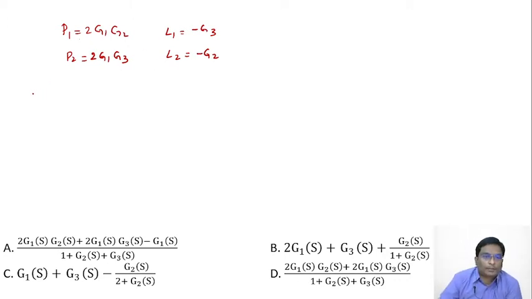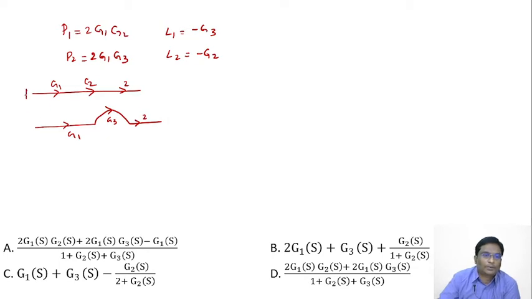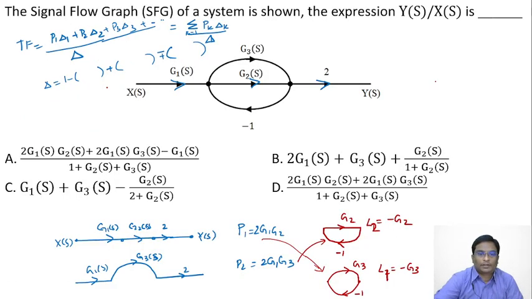This is path 1 we got here: 2, G1, G2. Path 2 we got like this: G1, G3, and 2. If I calculate delta 1, excluding the first path, is there any chance of loops being formed?